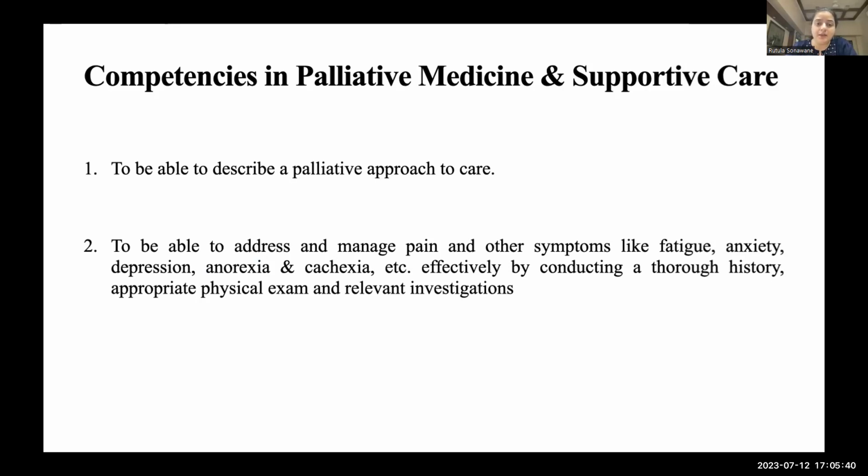Then we should be able to address and manage pain, which is one of the most common symptoms, not only in oncology but in non-oncology as well, and other symptoms like fatigue, depression, anxiety, cachexia, anorexia, etc.